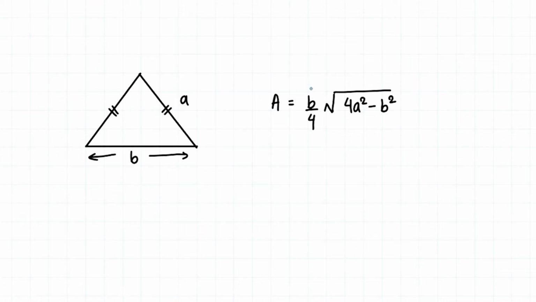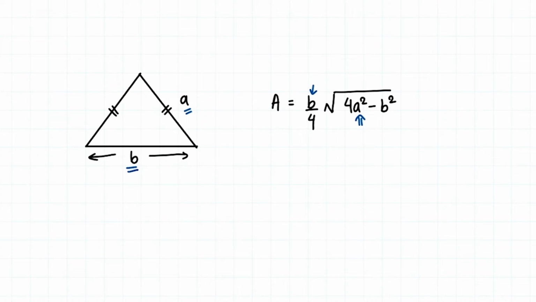The most important thing is that B is our unequal side and A is our equal side. You need to be very cautious about this one thing. If you know that much, we can easily find the area of any isosceles triangle.